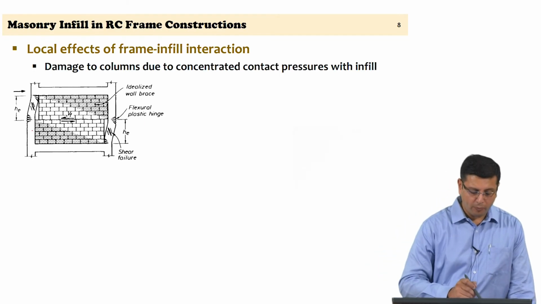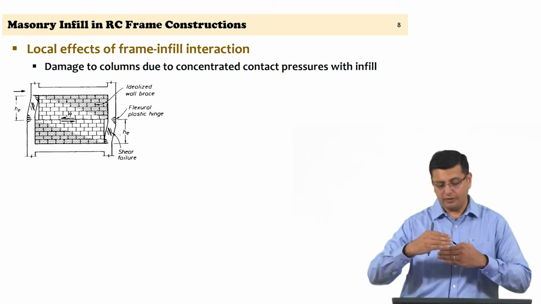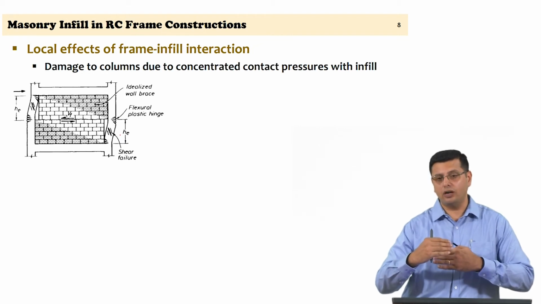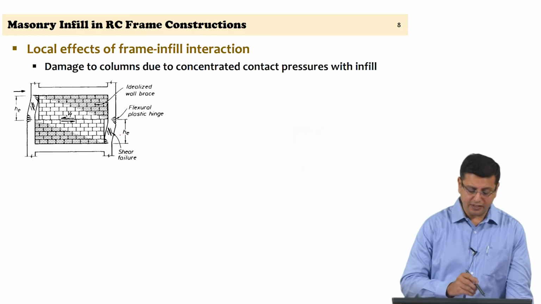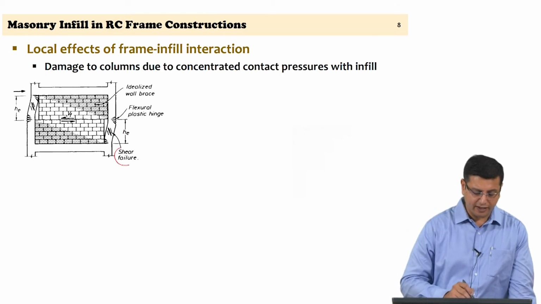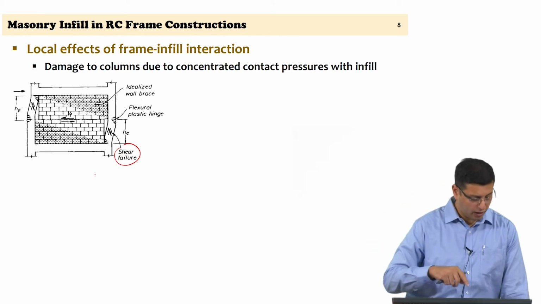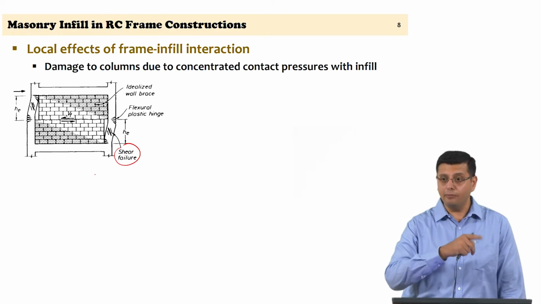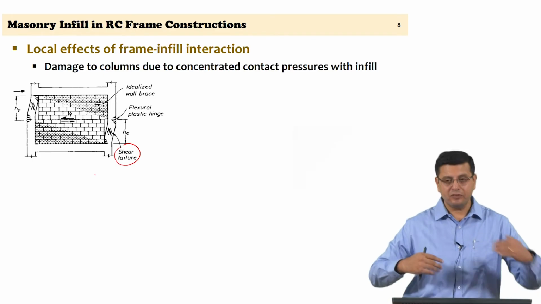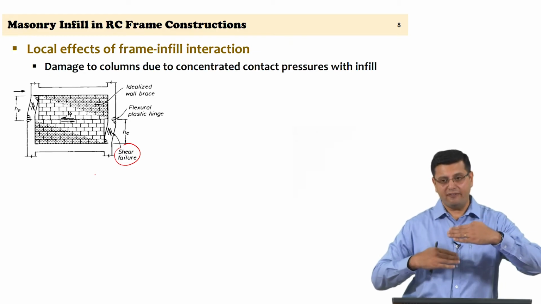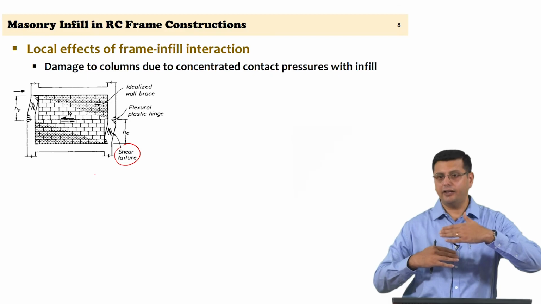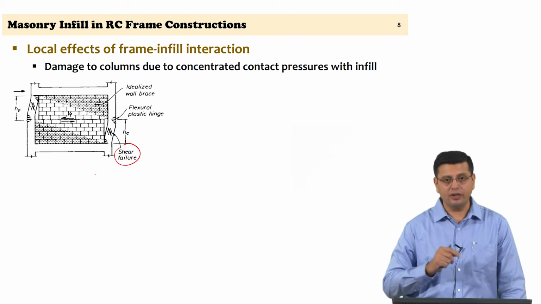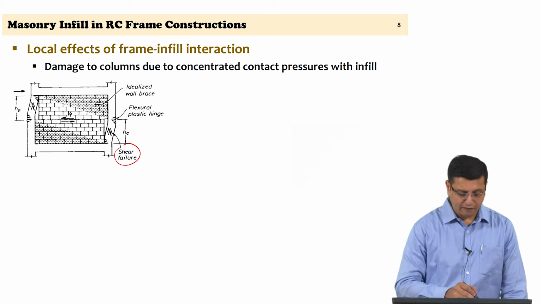Plastic hinge can form, and the column height is now 1/2, and the shear demand on 1/2 height of a column suddenly increases, and unless this interaction has been considered, you can have shear failure occurring in the short column due to the way the panel fails. So, this mechanism is occurring because of the failure mode in the panel. The failure mode in the panel is creating the effect of shortening the column, and in a shortened column the shear demand is augmented, and unless it is accounting for the interaction, you can have premature shear failure in the column.